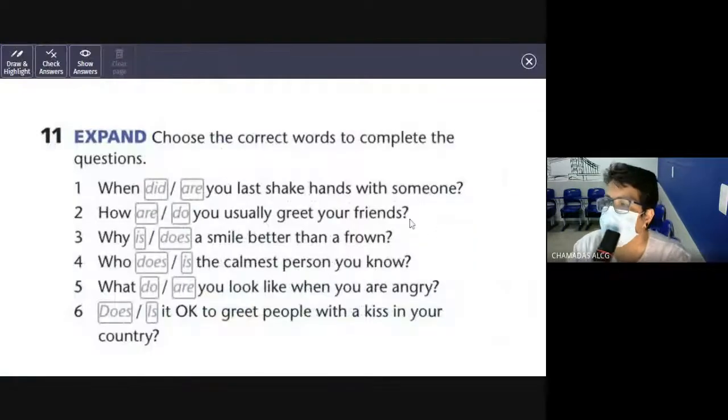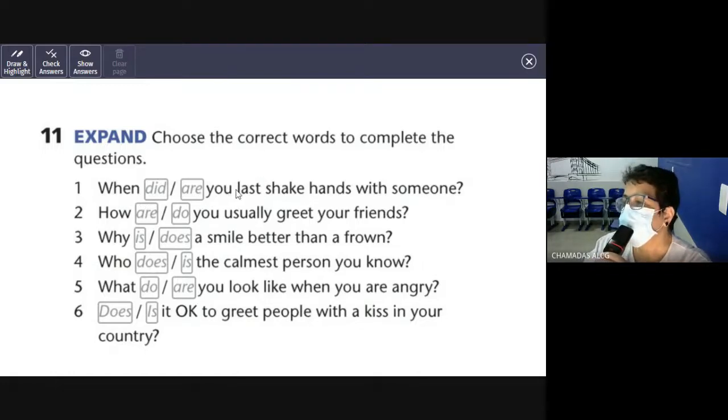Now, let's move on to number 11. Choose the correct words to complete the questions. Now it's easy. You can do that on your own. Let's just do the first one together.